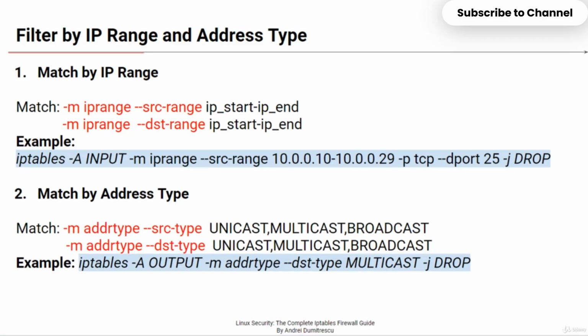That match is -m iprange, and there are two different options: --src-range, used to match by source IP address in the specified range, and --dst-range, which is used to match by destination IP address in the specified range.